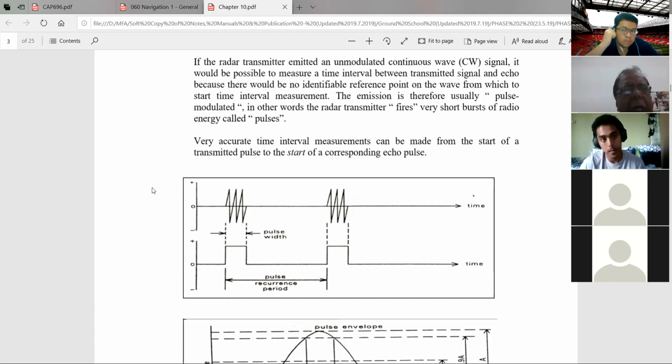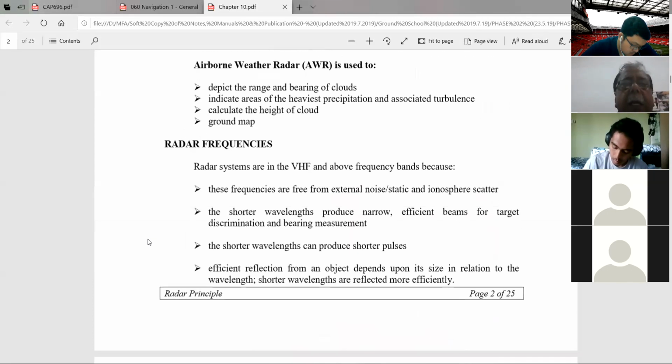The higher the frequency, the lesser is the static. Though attenuation is more and as such your radar ranges are reduced considerably, we prefer this because we do not want any clutter on the radar screen.